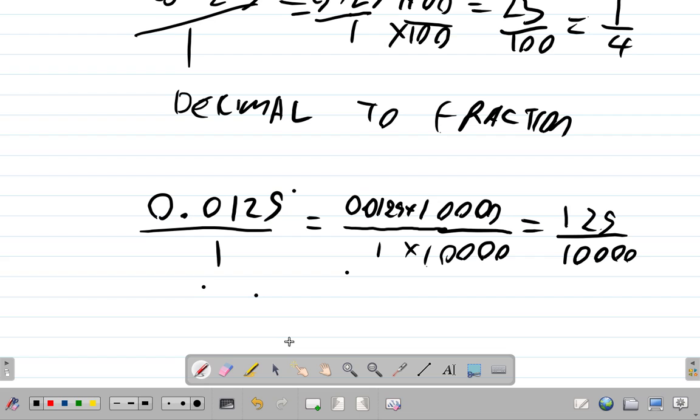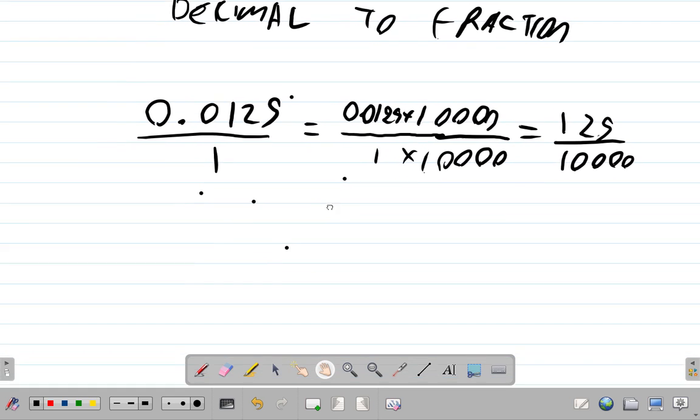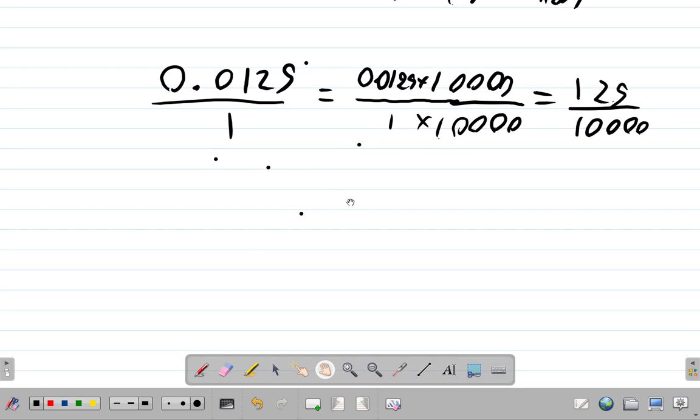Now, 125 over 10,000. You can divide down without the benefit of a calculator. You could divide the 125 by 5 and you get 25. That will be over 5 into 10,000, which is 2,000.